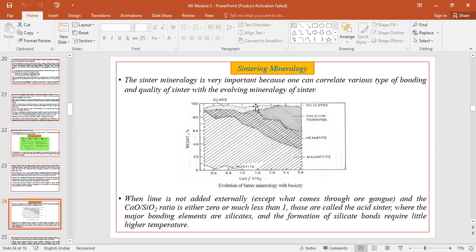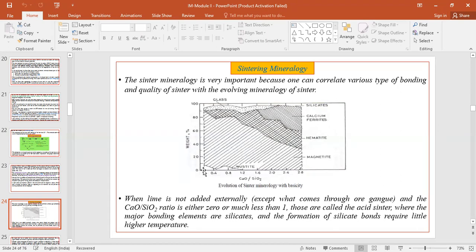That means it requires a very high fuel rate. But the problem is that because of high fuel rates, the Fe2O3, the hematite ore, may get partially reduced to magnetite or wustite. And silicates basically form a strong bond, but they have very low reducibility because of less hematite.